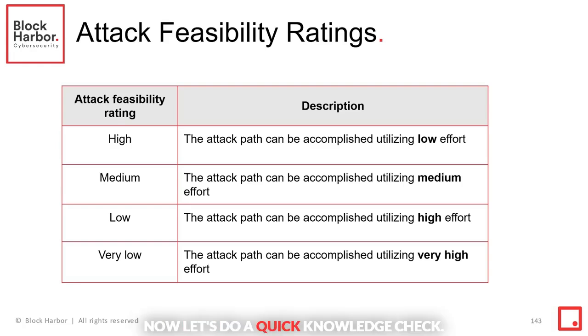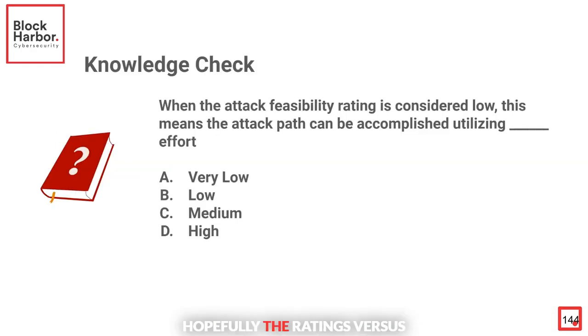Now let's do a quick knowledge check. Hopefully the ratings versus effort was understood. Let's test it out. When the attack feasibility rating is considered low, this means the attack path can be accomplished utilizing either A, very low, B, low, C, medium, or D, high effort. Once again, take some time for yourself to note down the correct answer, and if you want, you can pause this video.